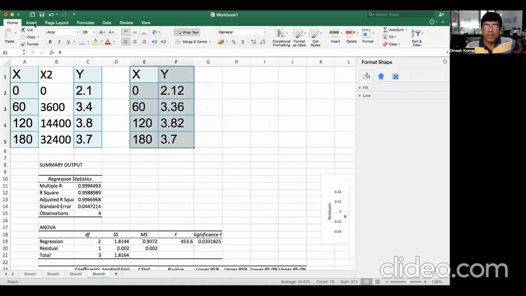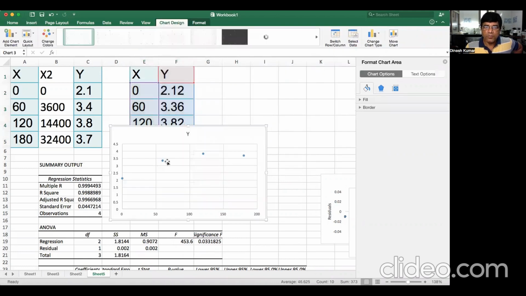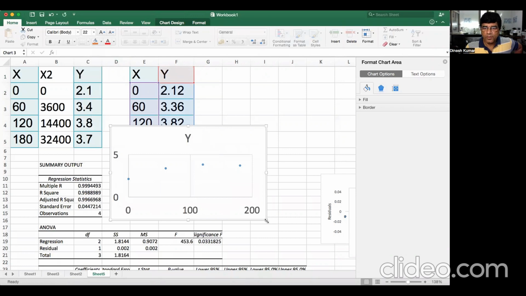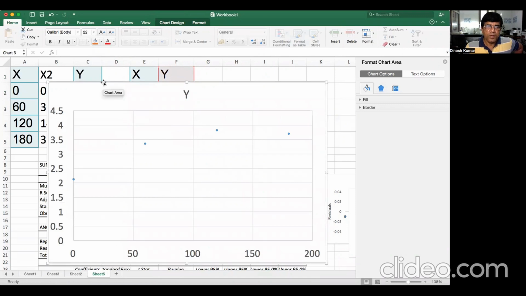Go to insert and this, and now you select the data. I can increase the size of this. Okay, now it's easier.